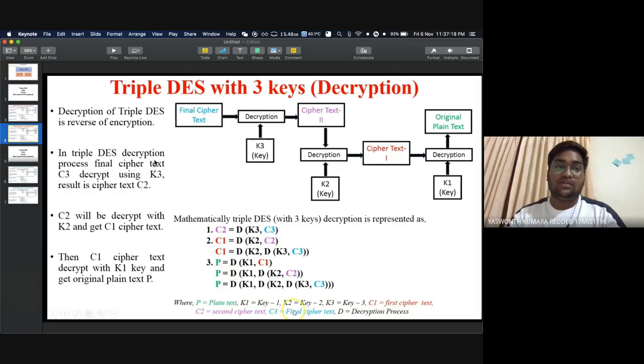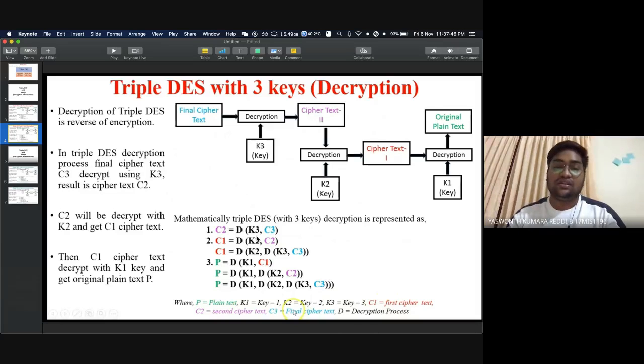In the triple DES decryption process, the final ciphertext C3 is decrypted using K3, and the result is ciphertext C2. We are going through the process in the reverse way. Mathematically, C2 equals D of K3, C3.